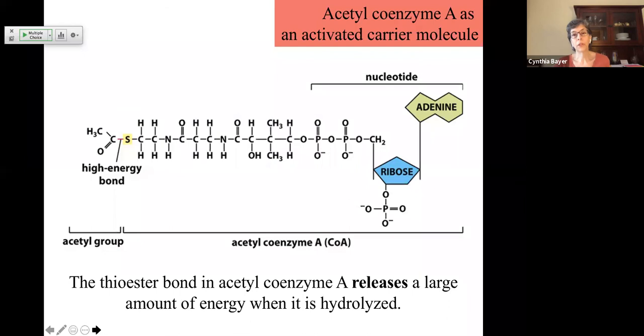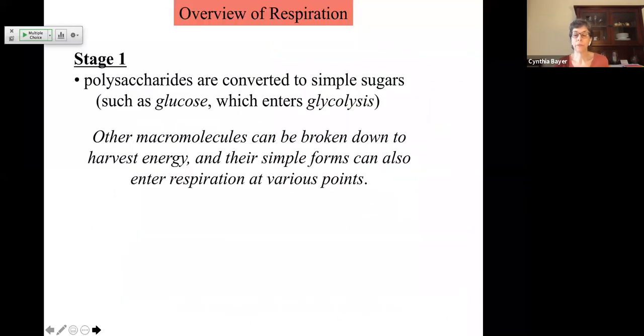So respiration is what we're getting ourselves ready for. A catabolic breakdown series of reactions. Respiration involves breaking down fats and polypeptides and polysaccharides.